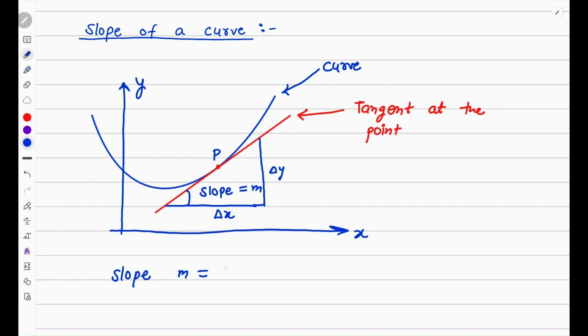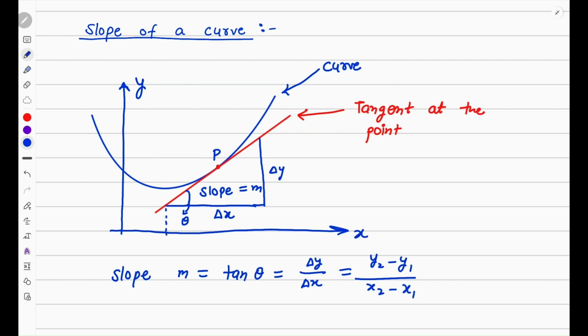So it is tangent of theta if this angle is theta. It is delta y over delta x, where delta y is the distance in the y direction and delta x in the x direction. We can say it is y2 minus y1 over x2 minus x1.